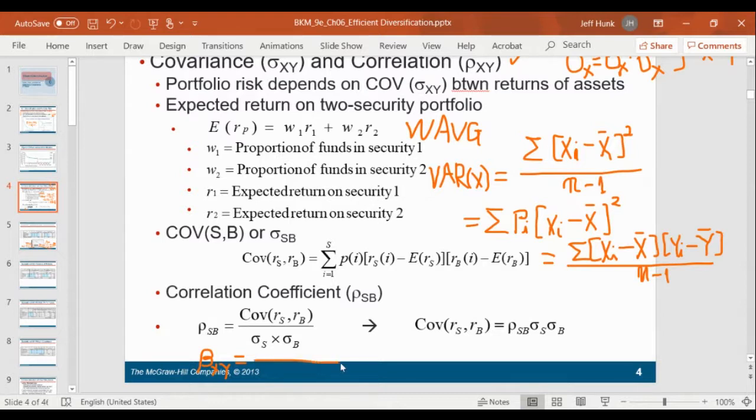Now, so how is beta calculated? It's the same thing. Beta is calculated by pretty much the same structure. This is covariance, right? I didn't want to write covariance verbally like that.